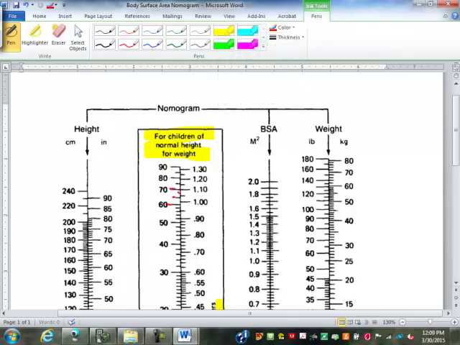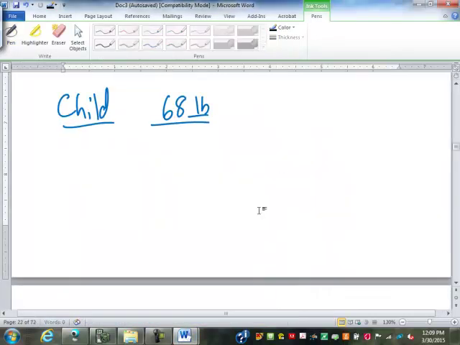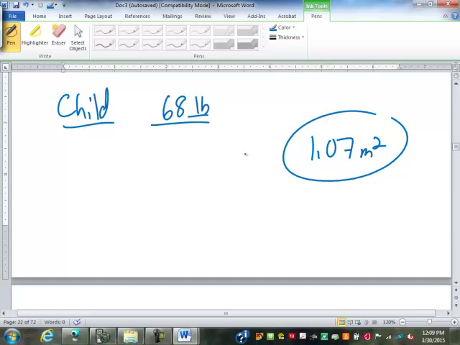So 68 should be in between there, slightly closer to the 70, which puts us right here, between the 1 and the 1.1, actually between 1.05 and 1.1. I'd say really close to being right between it. So 1.07 or 1.08. Well, let's say 1.07. So 1.07 square meters of body surface area.